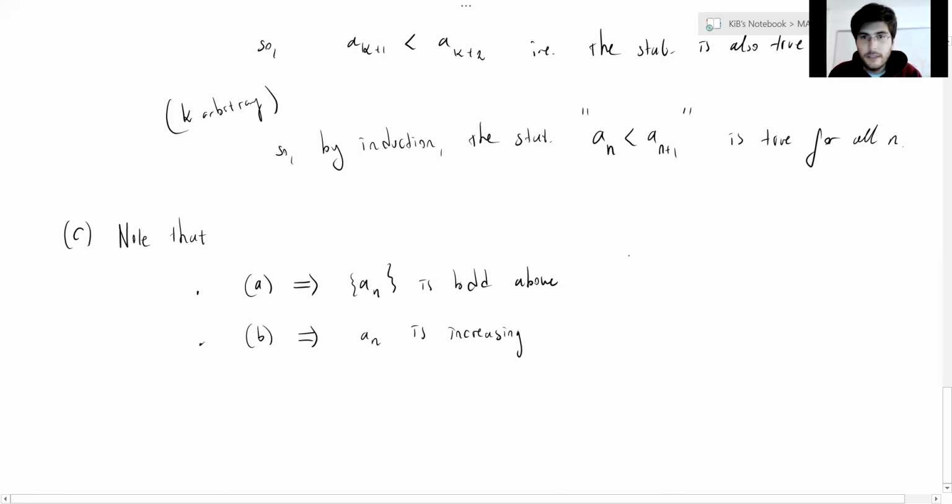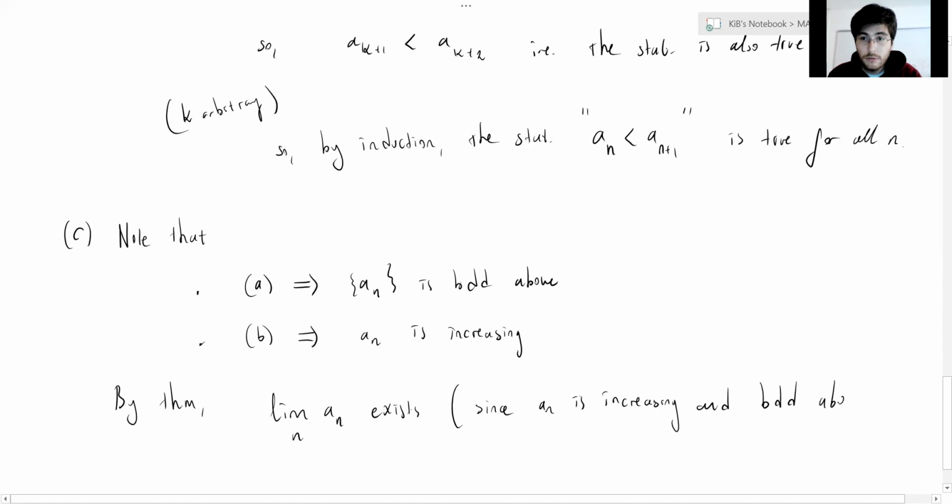So by the theorem, a_n is a sequence bounded above, and it is increasing, so the limit of a_n exists. This is a kind of theoretical problem if you look at it carefully.